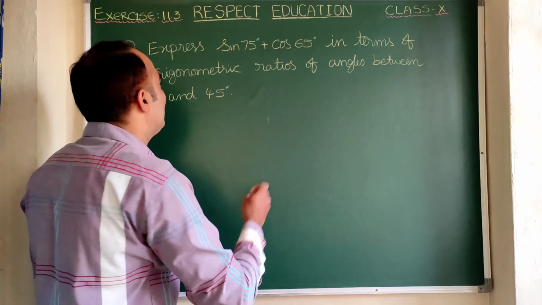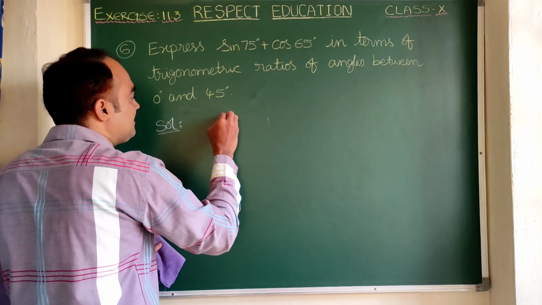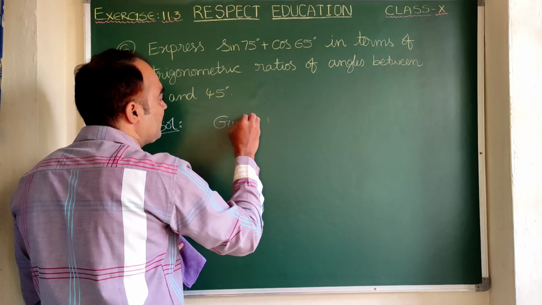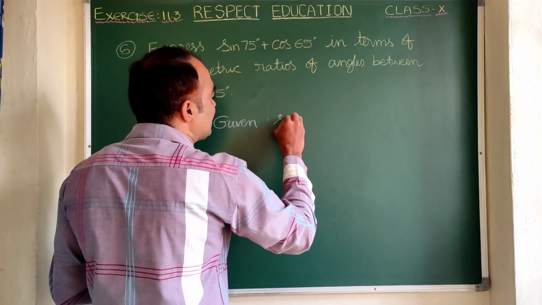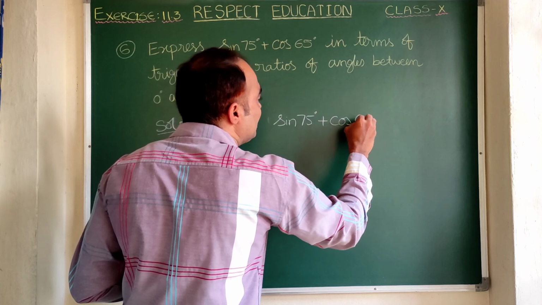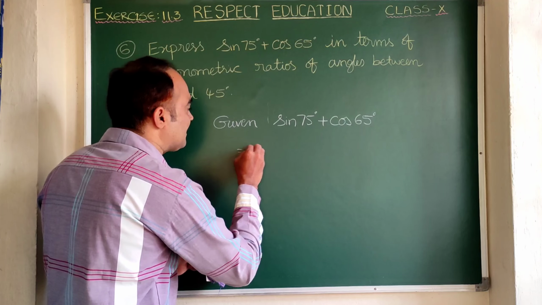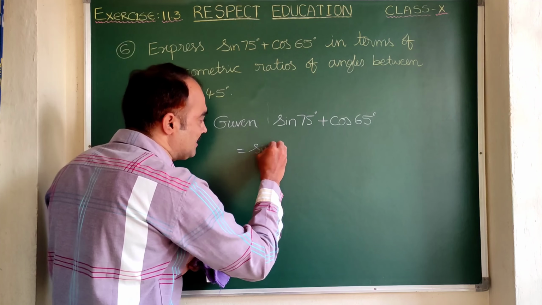Is it clear? Now let us start. Let us write the given expression. Given sin 75 degrees plus cos 65 degrees. Now let us write sin as it is.